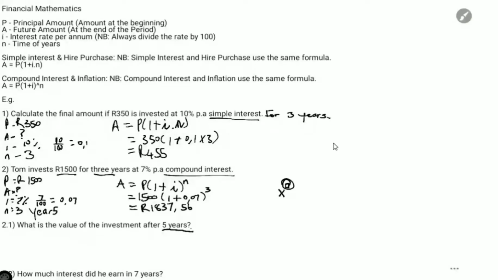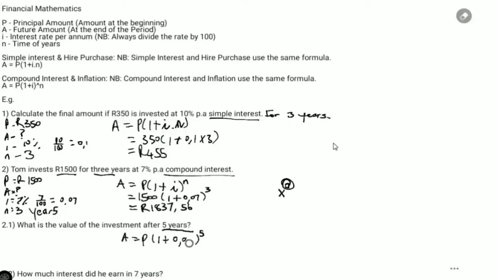So you go back to A equals P, 1 plus i, to the power of 5.